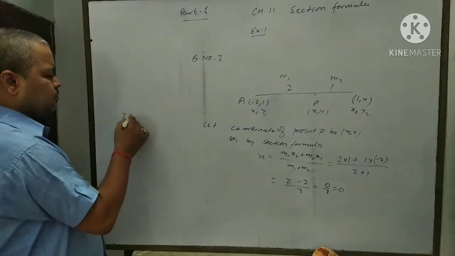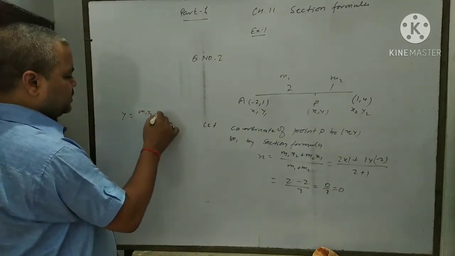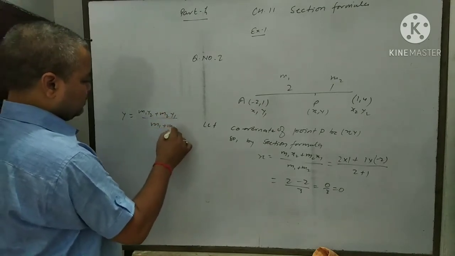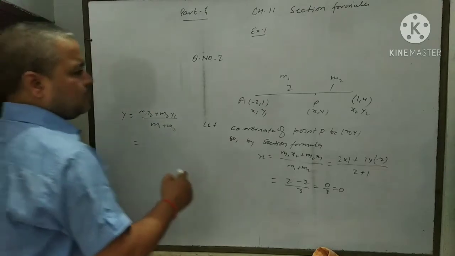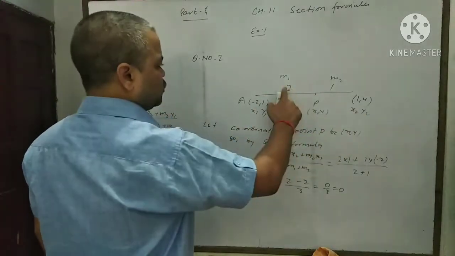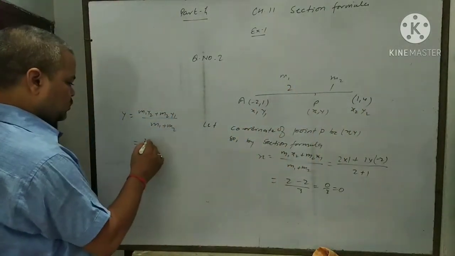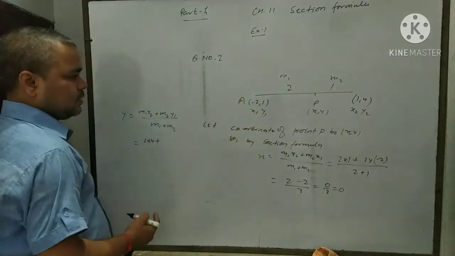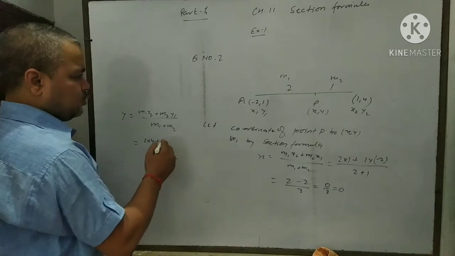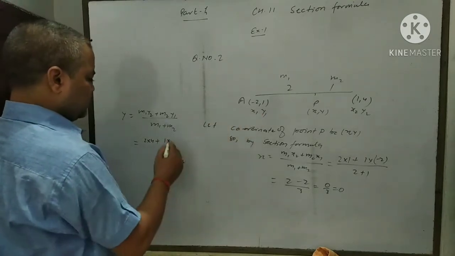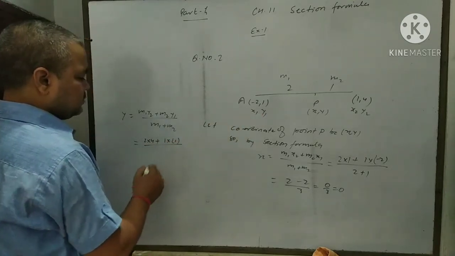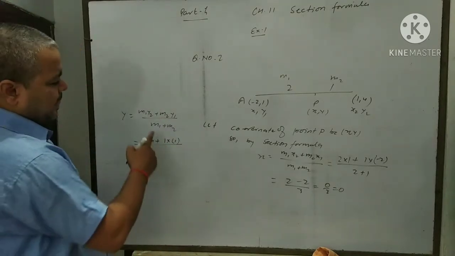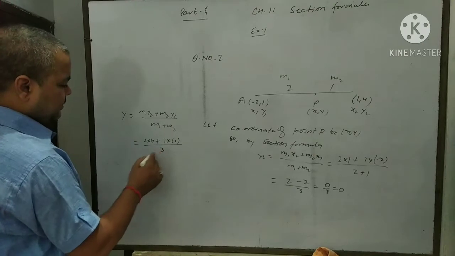Now y is equal to m1 y2 plus m2 y1 upon m1 plus m2. m1 y2 is 2 into 4, plus m2 y1, m2 means 1 and y1 also means 1, upon m1 plus m2 means 2 plus 1, that is 3.